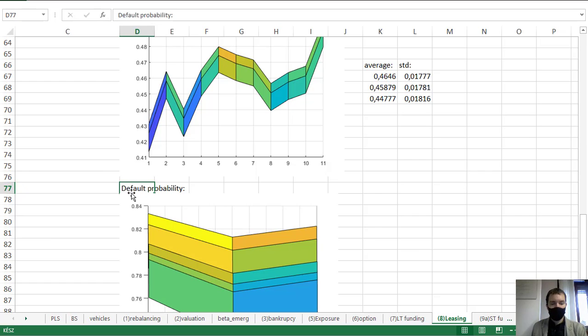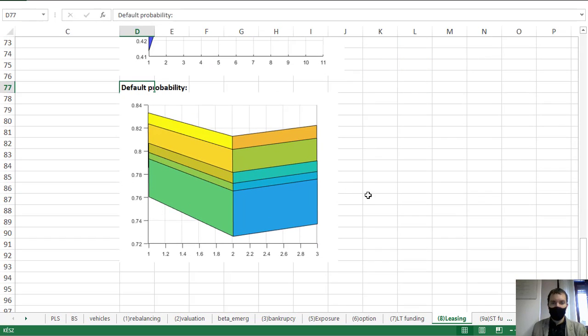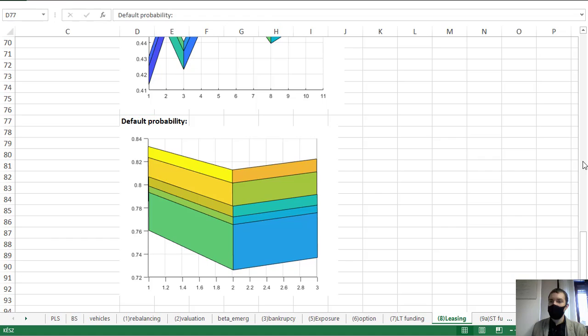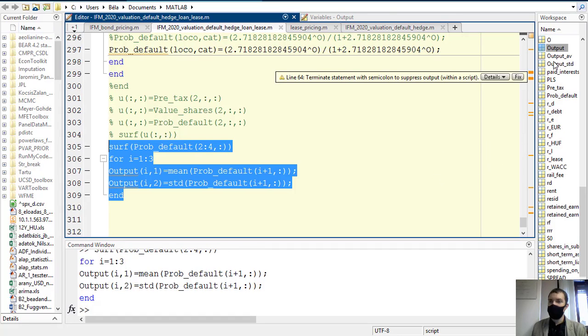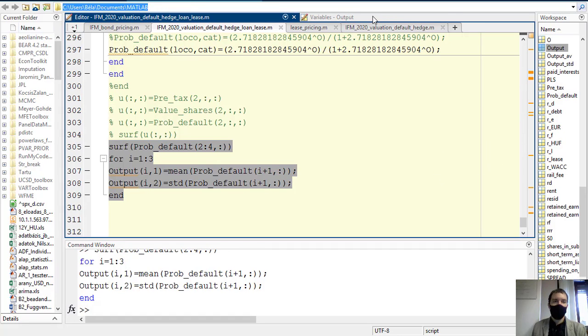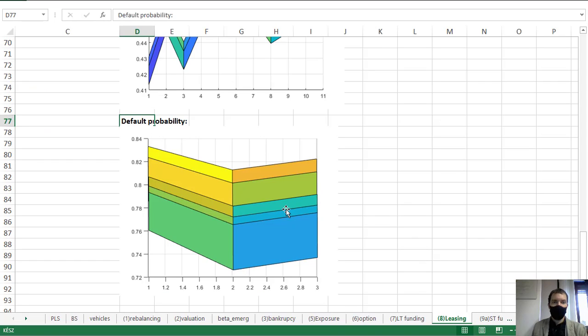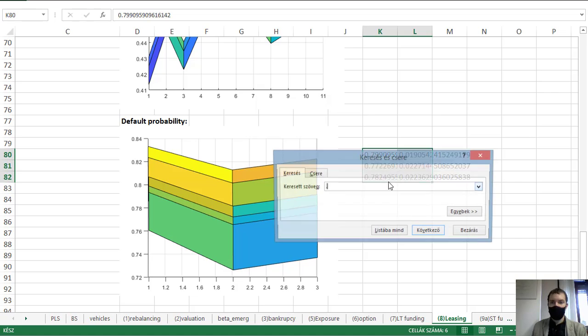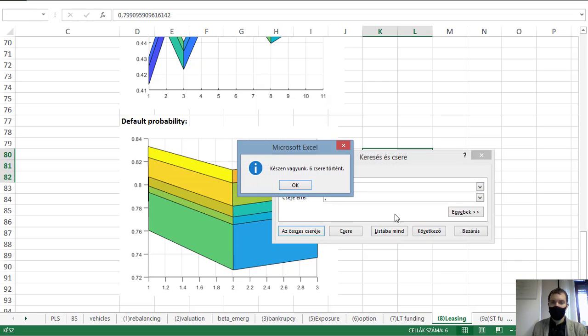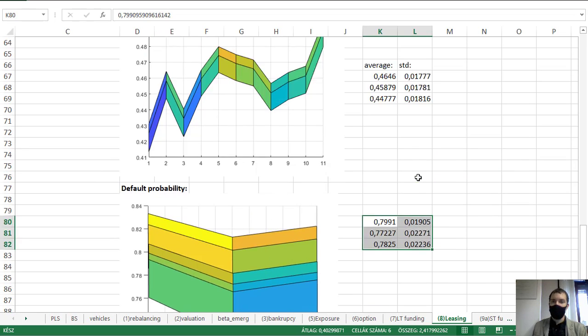This is the probability of default. And now we can see that this Skoda can be interesting for us.